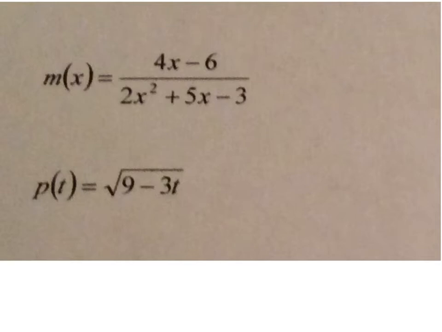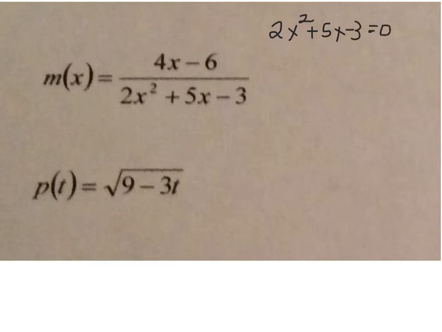All right, let's look at 2 more that ask us to find the domain given an equation. In this case, I have a denominator. So I need to take that denominator and set it equal to 0. I'm going to say 2x squared plus 5x minus 3 is equal to 0.